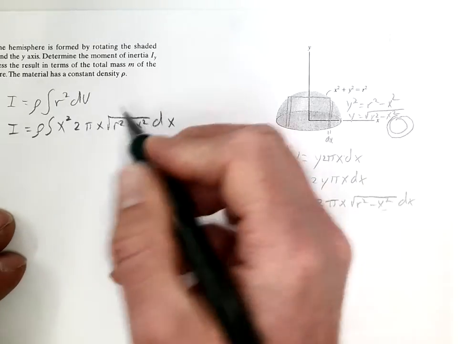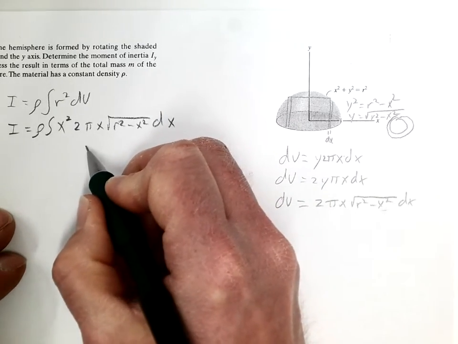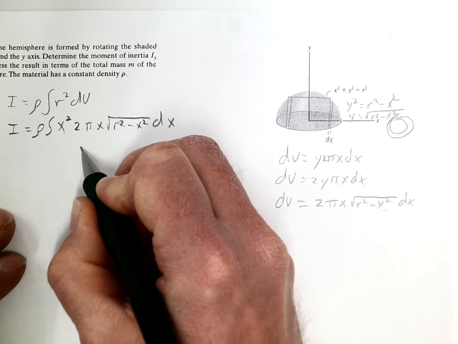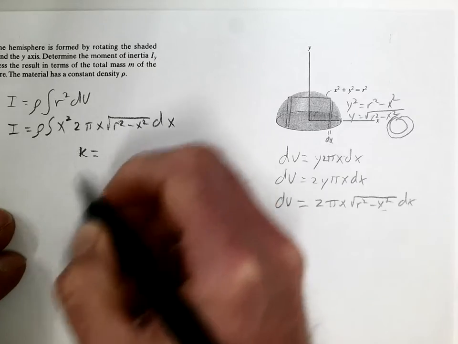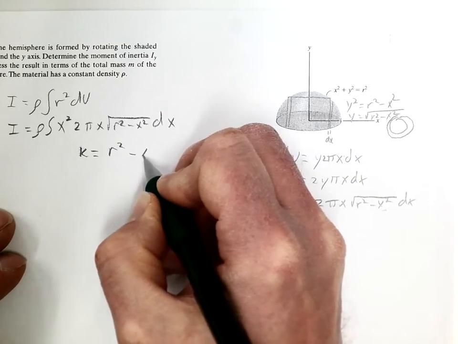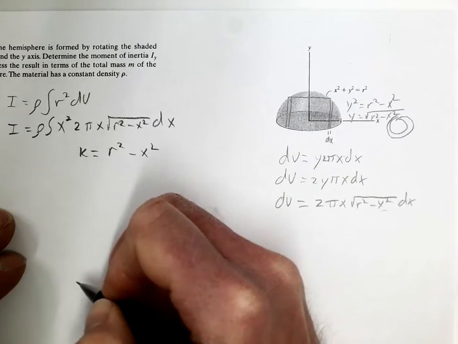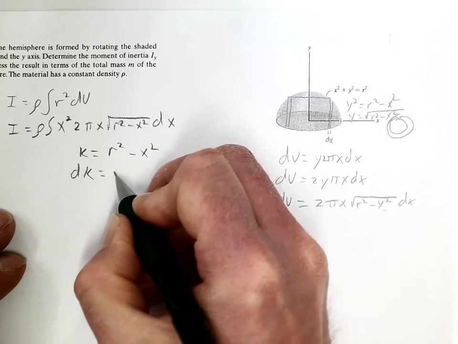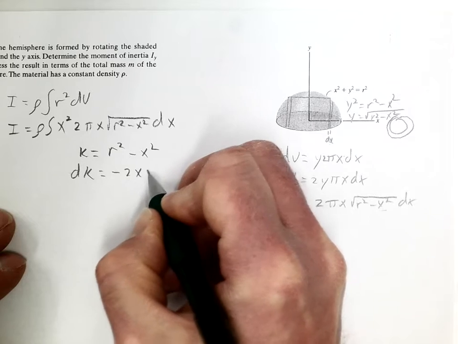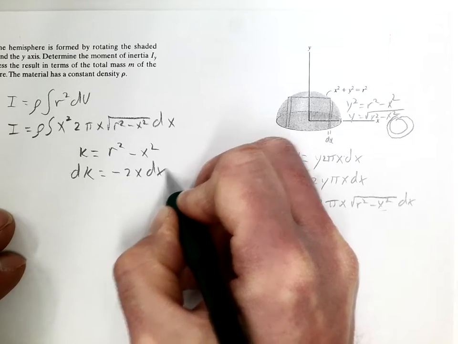So I'm going to call the variable k, and k equals r squared minus x squared. If k equals r squared minus x squared, dk equals negative 2x dx.